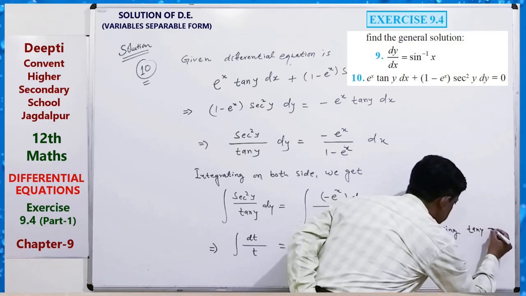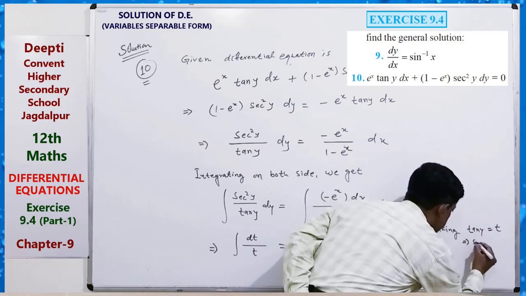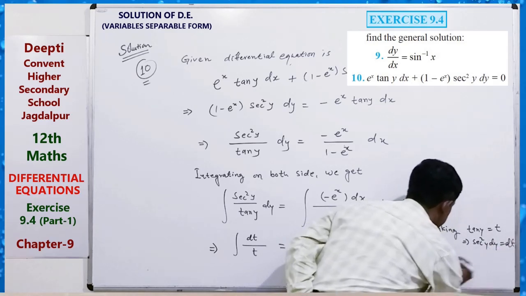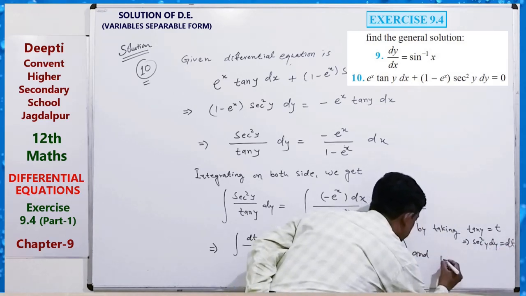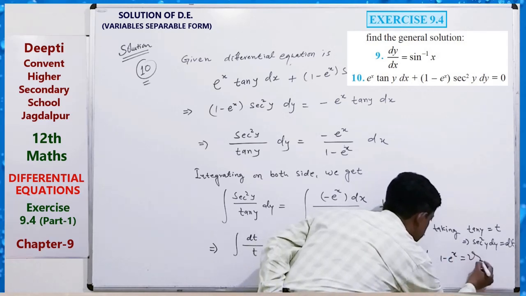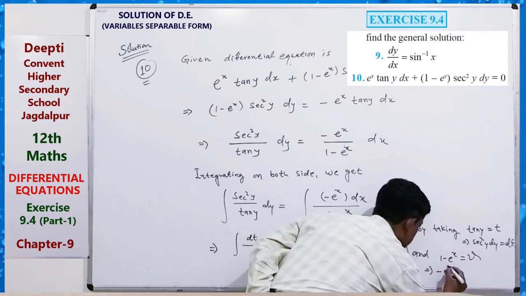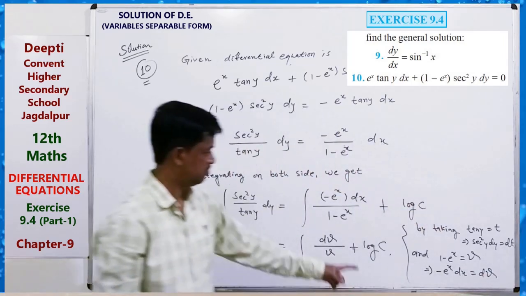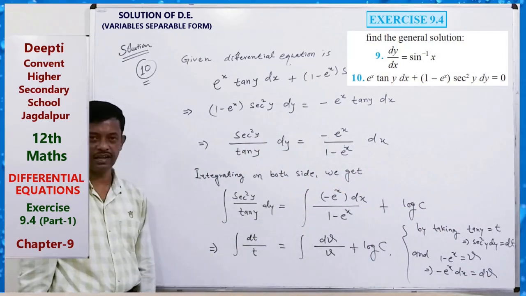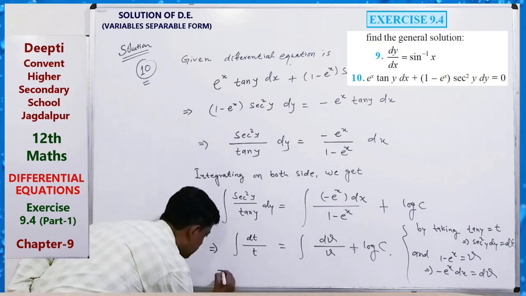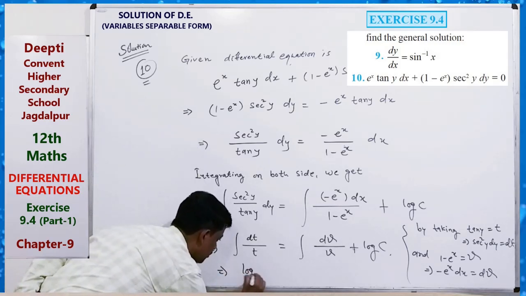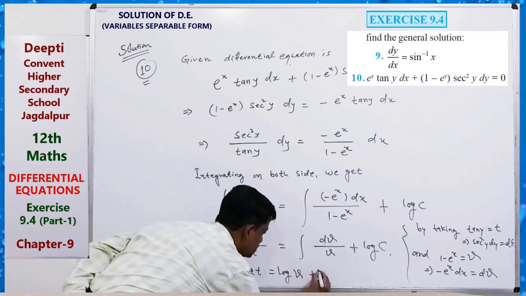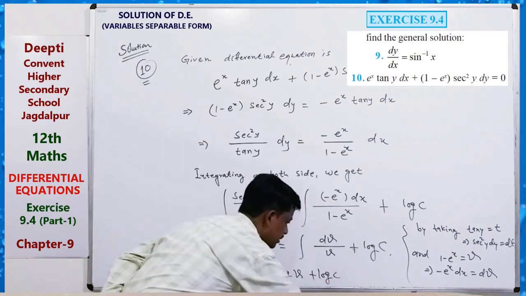Tan y equals to t means sec square y dy equals to dt, and 1 minus e to the power x equals to v, minus e to the power x dx equals to dv. By taking this, we can get like this, and this is equal to log of t equals to log of v plus log of c.